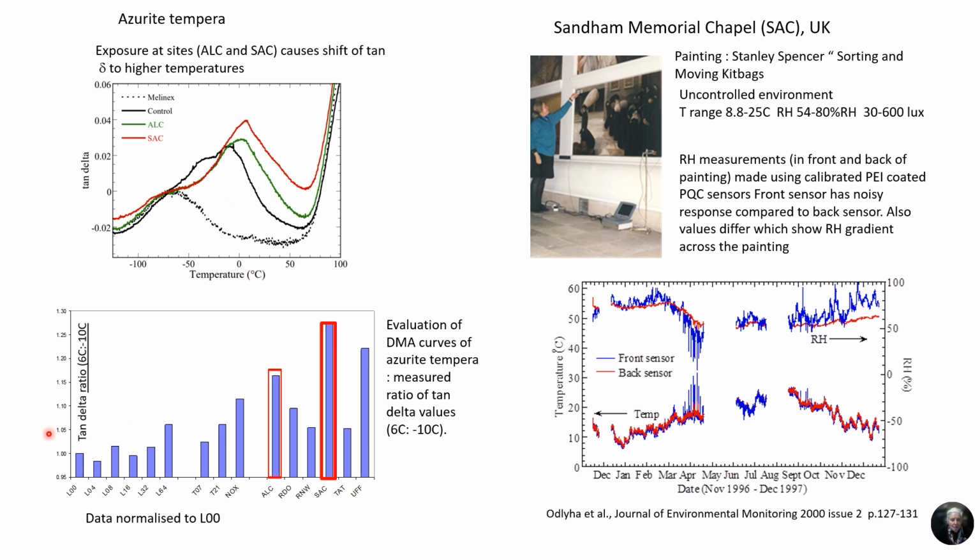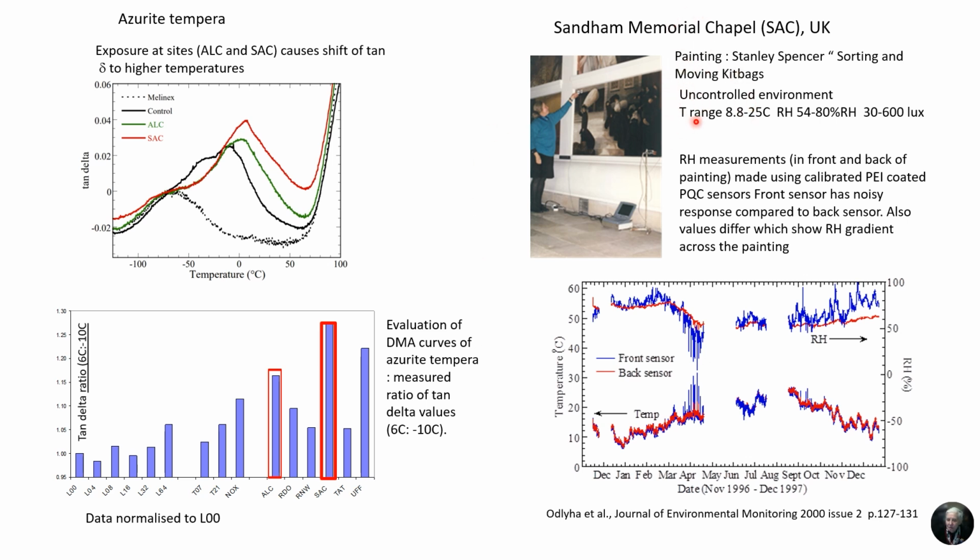So again, a ratio of tan deltas, but at slightly different temperatures. And we find a large response for Alcazar and a very large response for Sandham. Unfortunately, the measurements were only performed once, and so there could be some variation. Yes, and the data here are normalized to the light aged to the control.